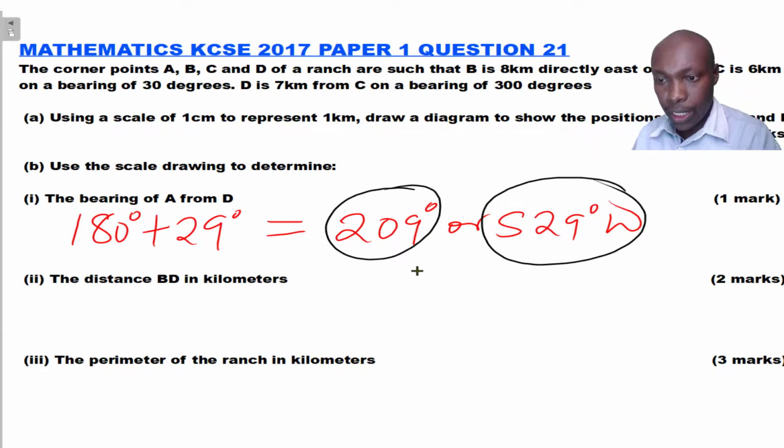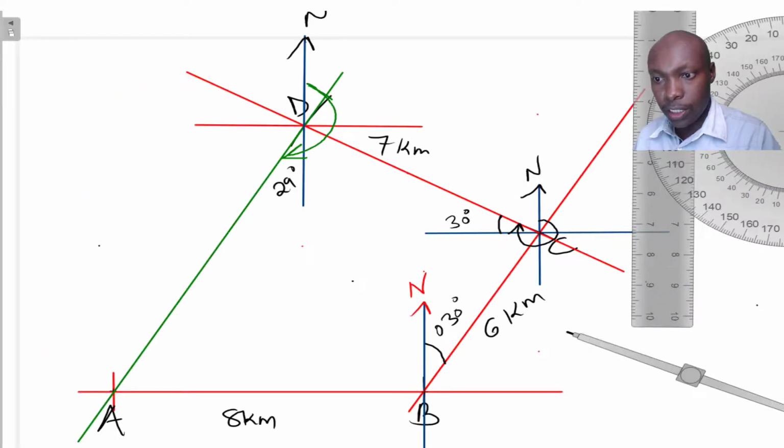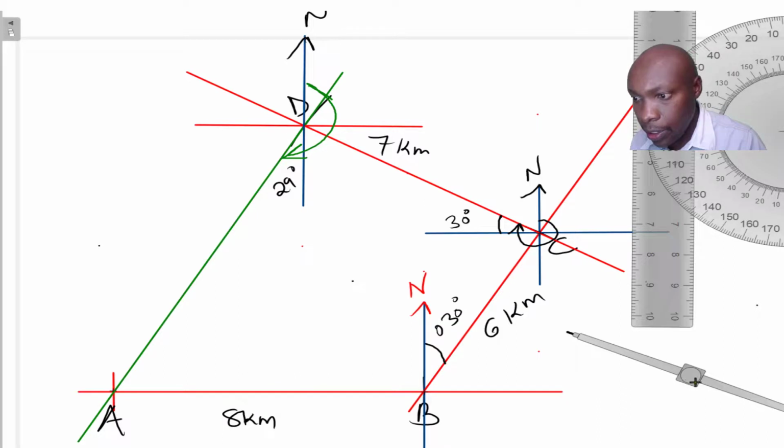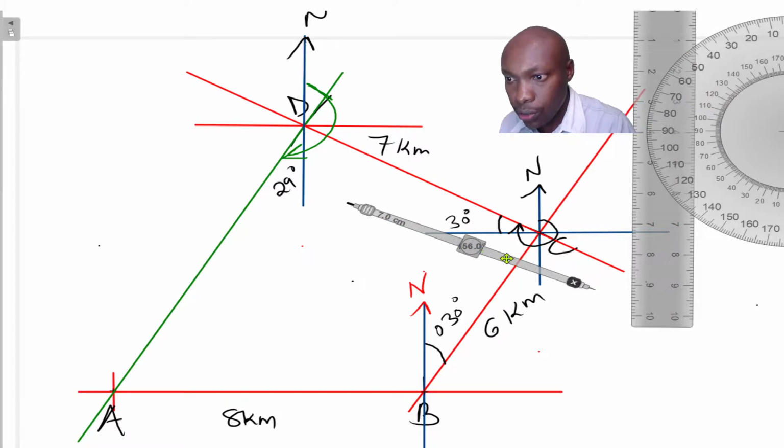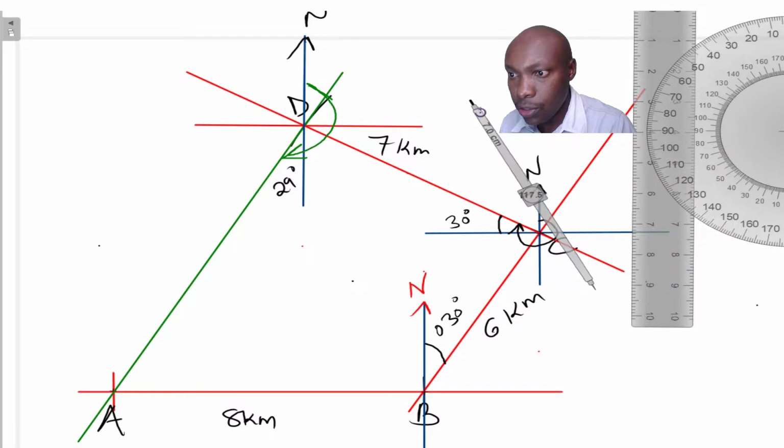The distance BD in kilometers. So BD, you can draw a straight line, or you can stretch your pair of compass to get that measurement. So let me just stretch my pair of compass.